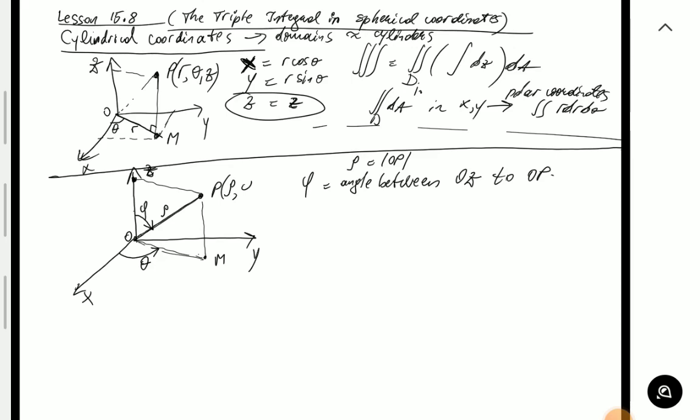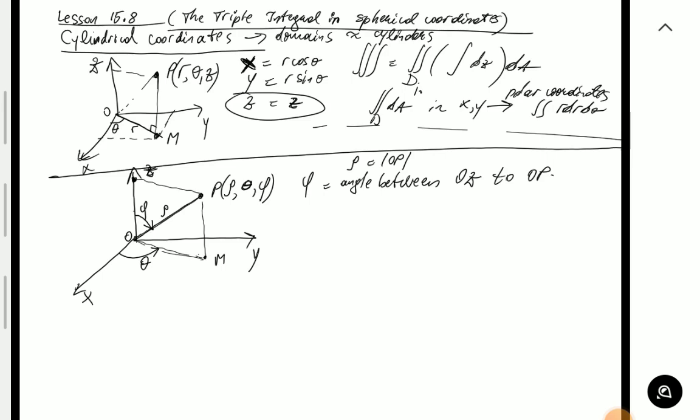let's write this in the order that's given in the homework. Theta, the angle made by the projection of the point P to the xy plane. That projection, right, measured from the positive x semi-axis. And then finally the angle phi, measured from the positive z semi-axis all the way to the segment OP.